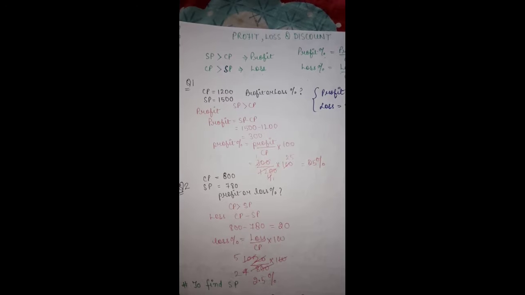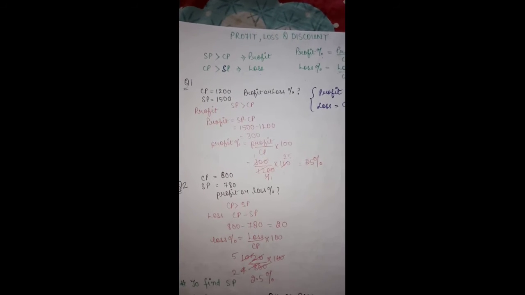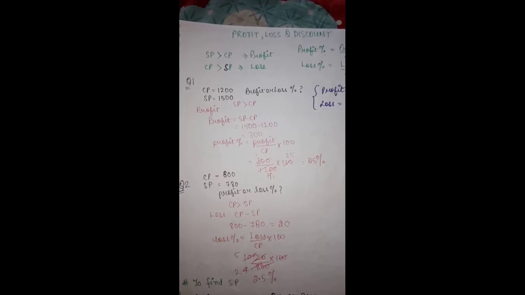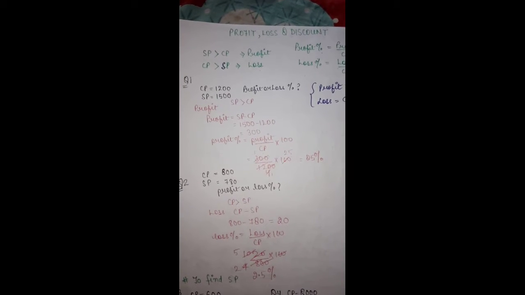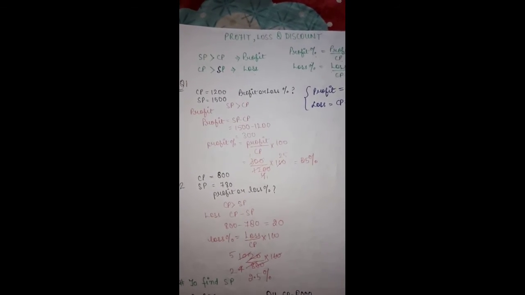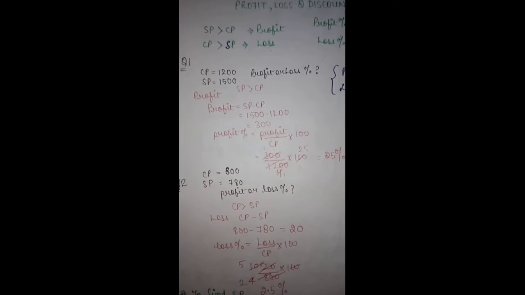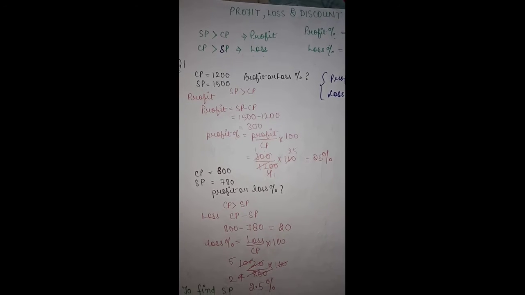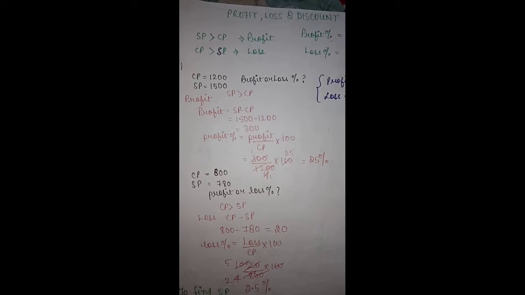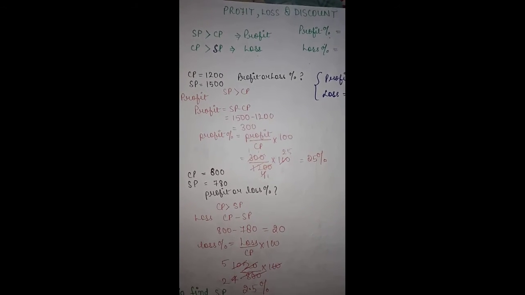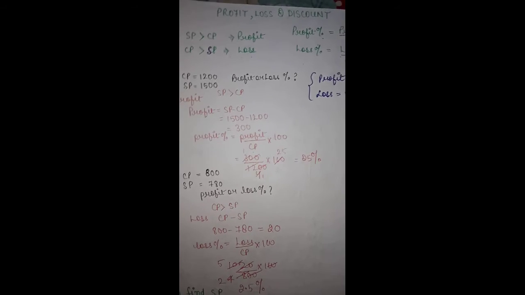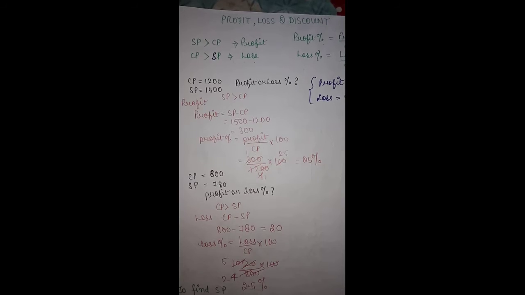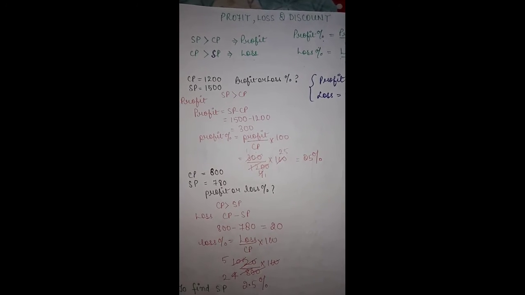To calculate the profit, we do selling price minus cost price, that is 1500 minus 1200, which is equal to 300. Now we'll calculate the profit percent, because we have earned the profit. Profit percent is profit upon CP into 100. By putting the values in this formula, we get the profit percent to be 25%.